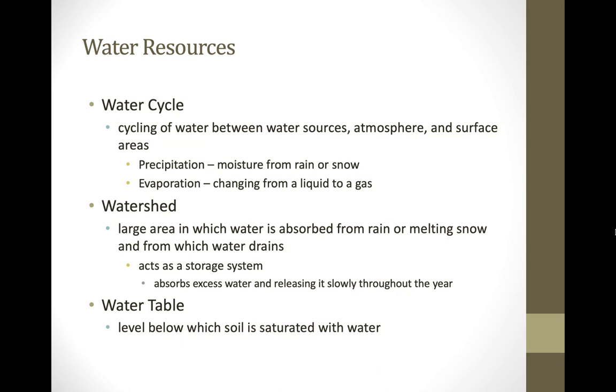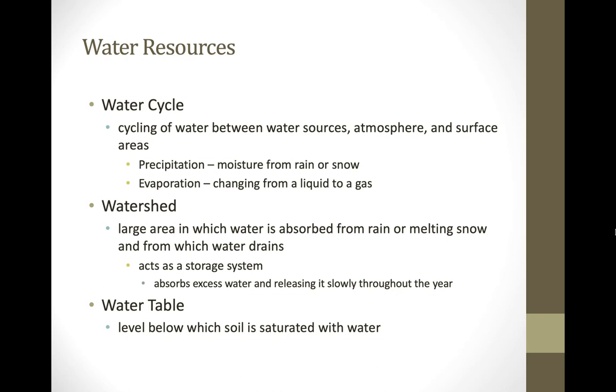And so, if I were to go and look for areas that might be a watershed, I'd be looking for things like ponds. I would be looking for things like big puddles and rivers and streams and areas that more or less where that water goes whenever it rains. Where is it going to be stored? Basically, this is where excess water is going to be, and it will typically be released throughout the year as we have this water cycle.